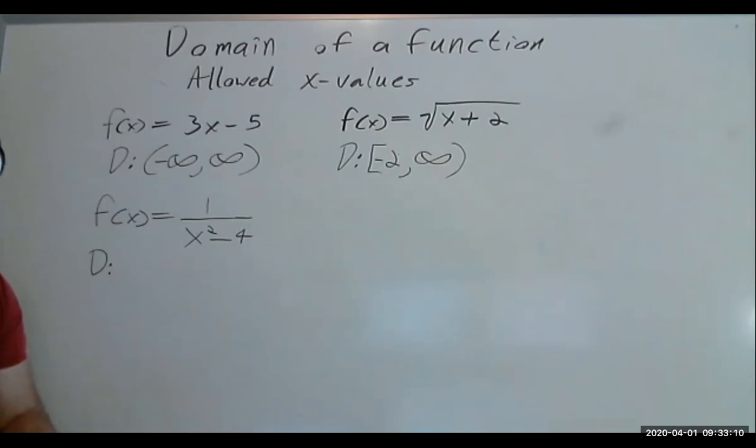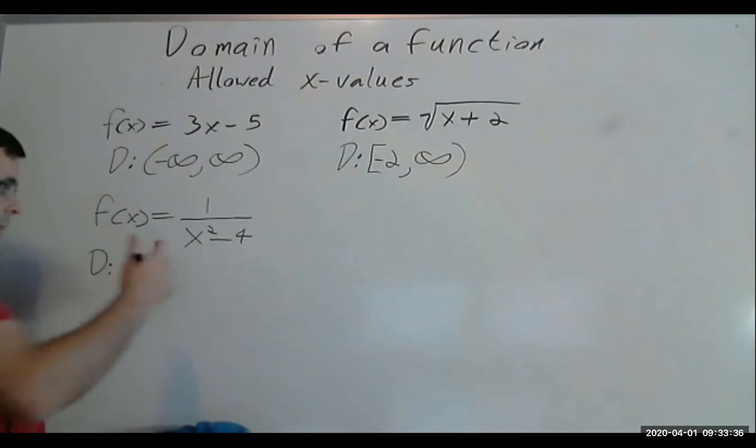So when we were solving these rational equations, we said that you have to discount any values of x that make the bottom 0. So anything that makes this 1 divided by 0 is bad. So you can put anything else in there except for those two.